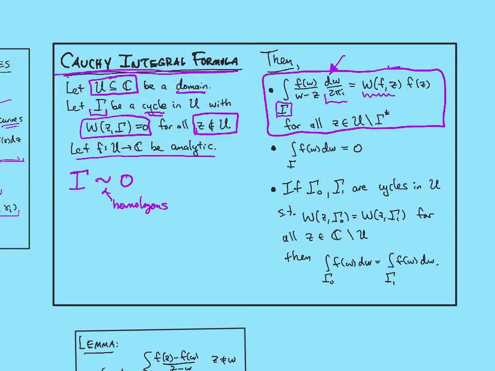Let me fix this. So this part shouldn't involve f. It'd be the winding number of z with respect to gamma. So it's the number of times that gamma winds around z times the value of f at z.